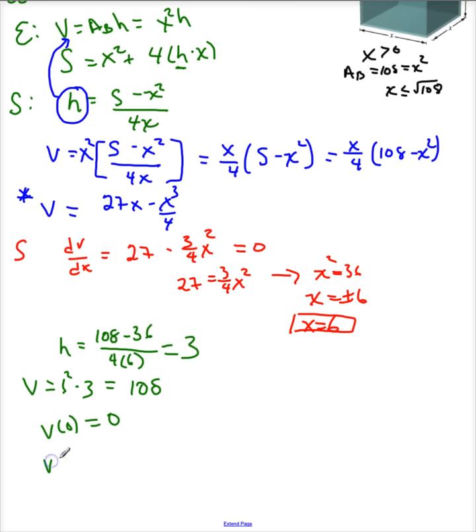And the volume at the other end, at the square root of 108, is also 0. So this obviously is a maximum volume. And the dimensions are 3 by 3 by 6 inches.